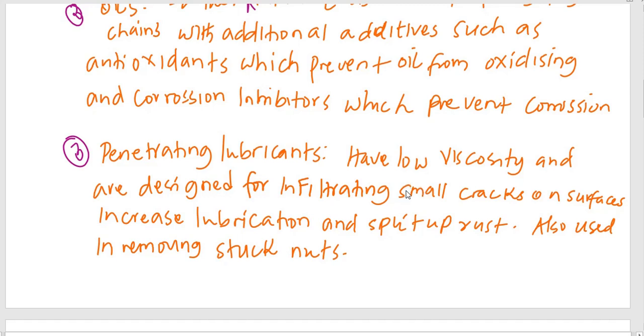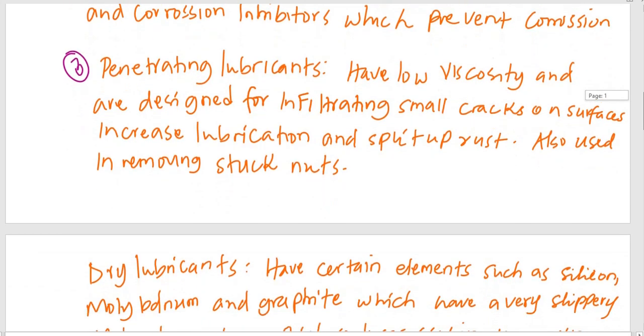If you have run out of options, penetrating lubricants are one of the options you can turn to that can help you to loosen the nut or the bolt that could be stuck in the workpiece. They are therefore used in removing stuck nuts. So those are penetrating lubricants.